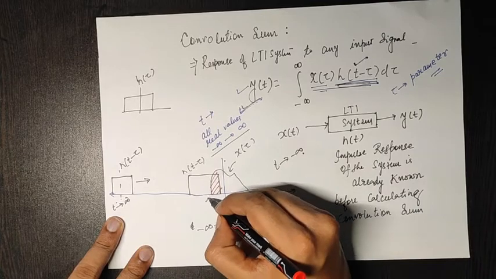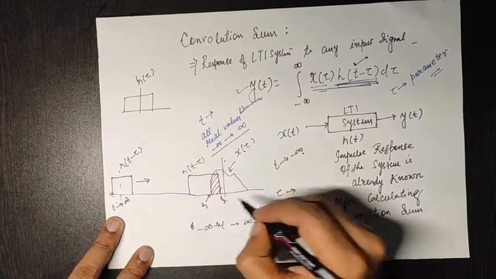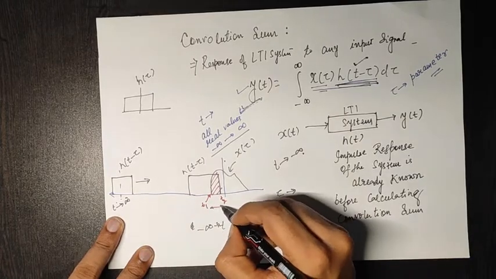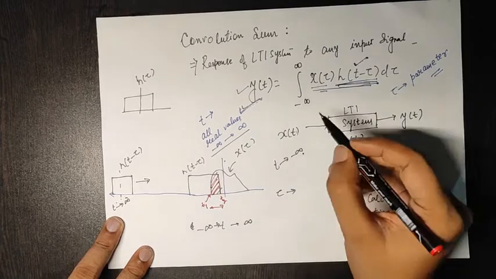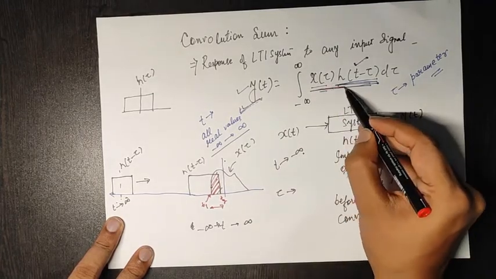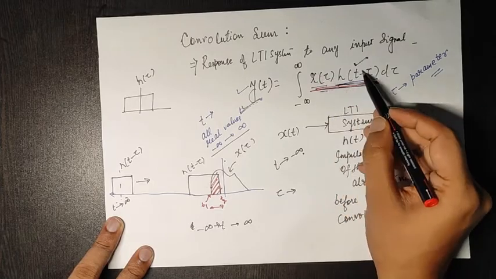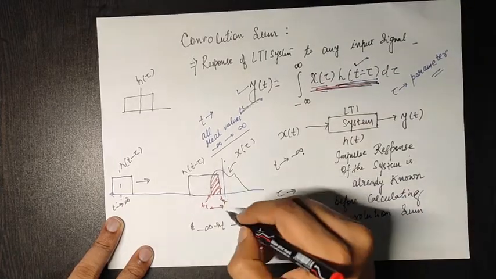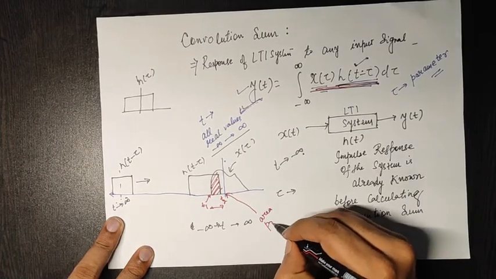Let's say its limit is t1 and this is t2. So this is the interval. This will be the interval of our integration, because we are interested in finding the area product of these both signals, the shaded portion.